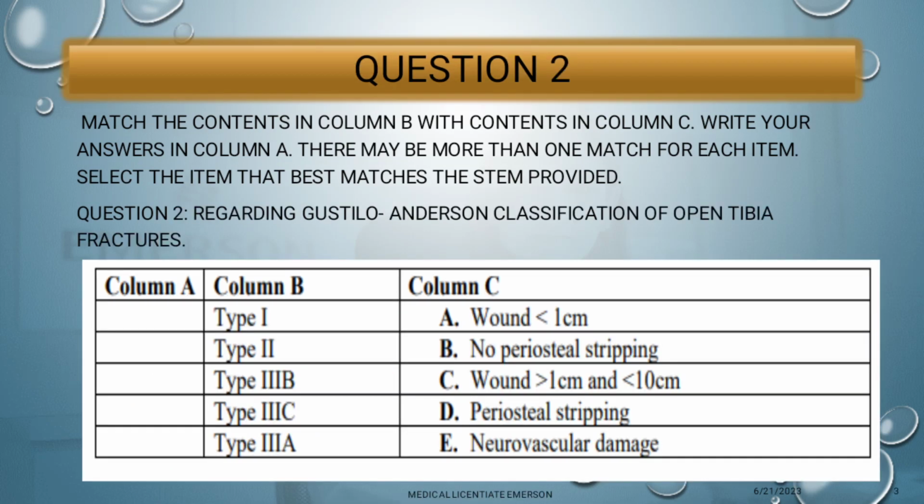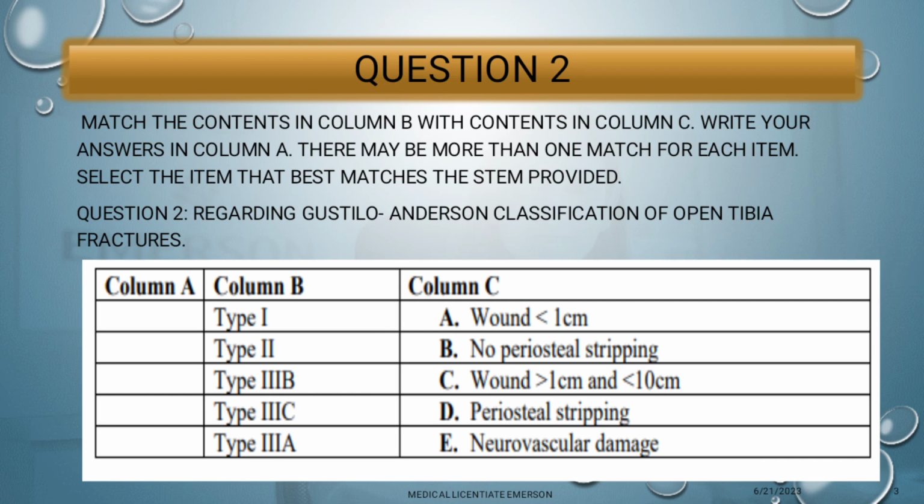Then that's all. Here, the same concept, but this is regarding the Gustilo-Anderson classification of open tibia fractures. This classification can be used for any open fracture. So we have type 1, type 2, type 3, and under type 3 you have type 3A, B, and C. Then in column C, just 1 centimeter, no periosteal stripping, and so on.